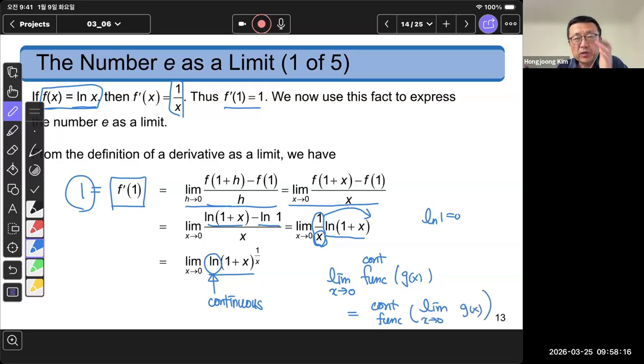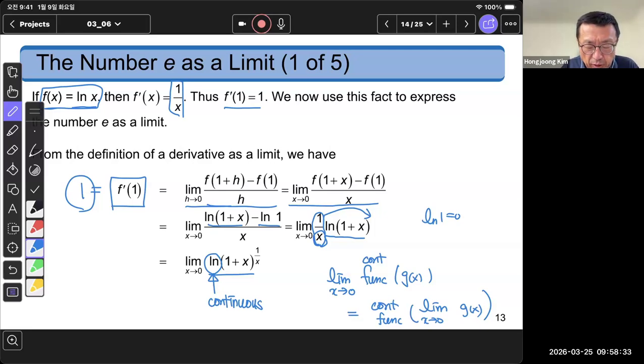I mean, we can switch the continuous function and the limit, right? So if I apply this, I want to apply the limit first, and then I want to consider the logarithmic function.